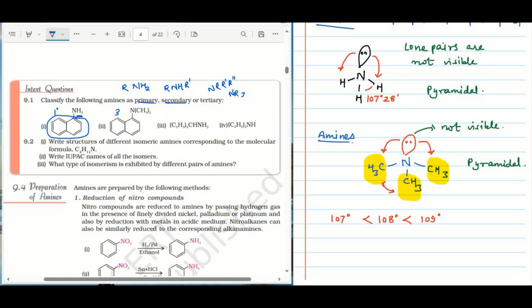This amine is a tertiary amine. In the third example, NH2 is there and one of the hydrogens is replaced with this bigger group. So this amine is a primary amine. In the fourth example, only one hydrogen is remaining with the nitrogen and the rest two are replaced with C2H5, which means this is a secondary amine.